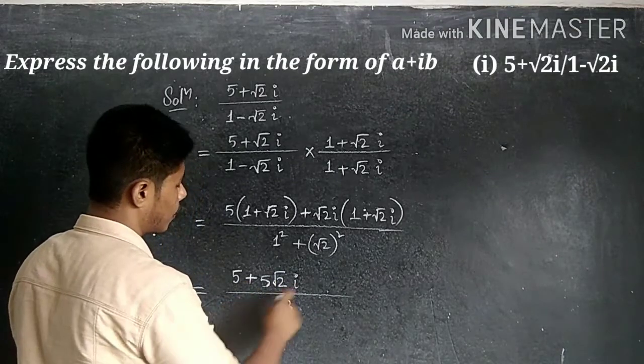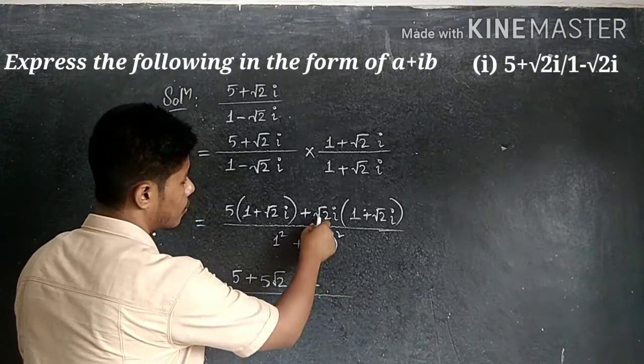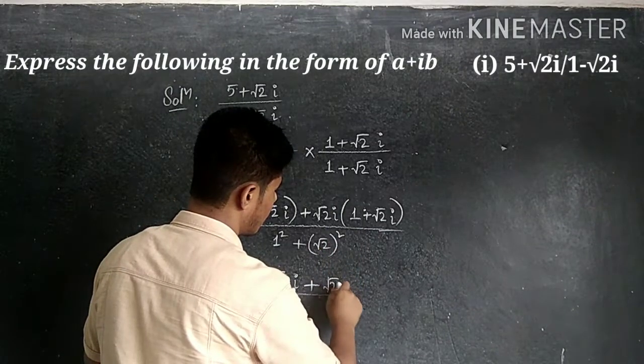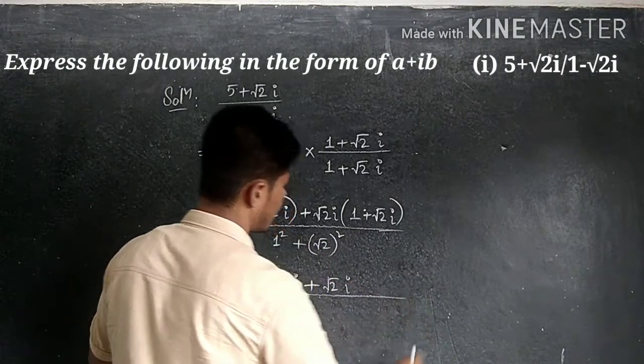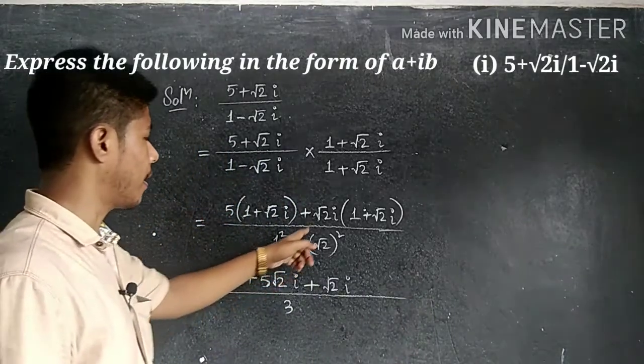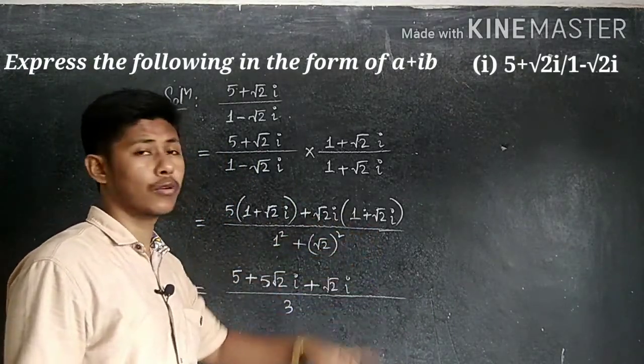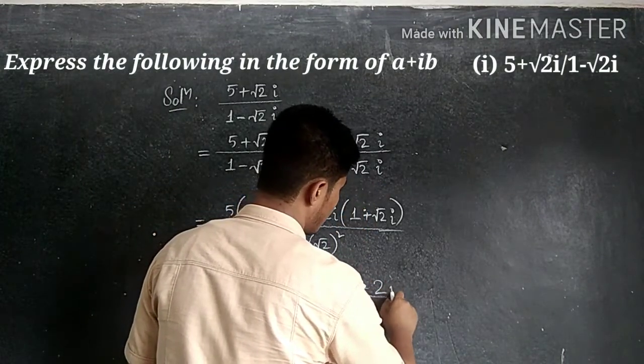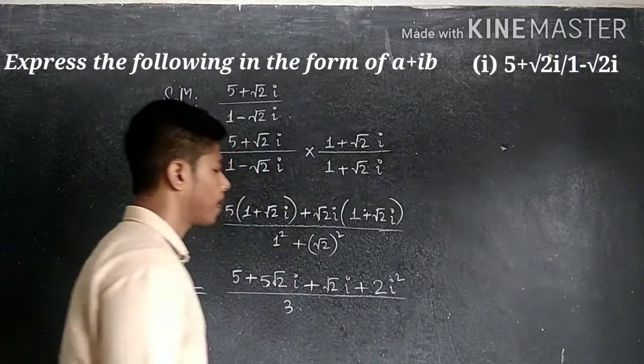Is it clear? Plus now the next one, you see here, root 2 into 1, that means we have to write this one is root 2i. Is it clear? And now finally, the last one is root 2 into root 2i, that is 2 into i square, so we have to write 2i square. Is it clear?